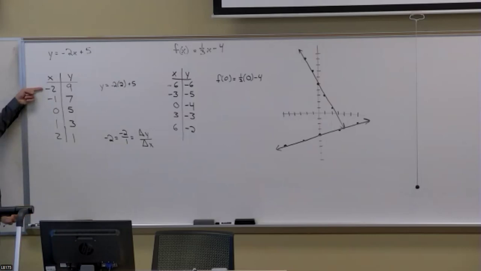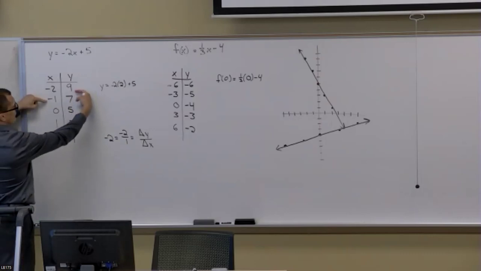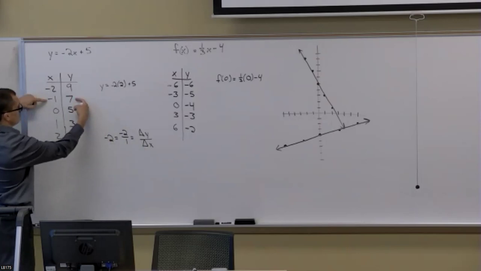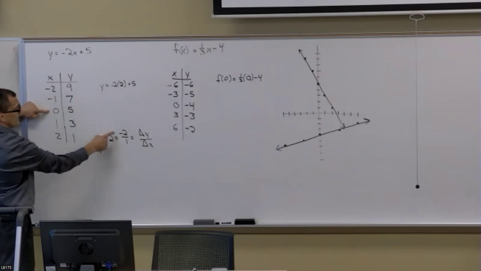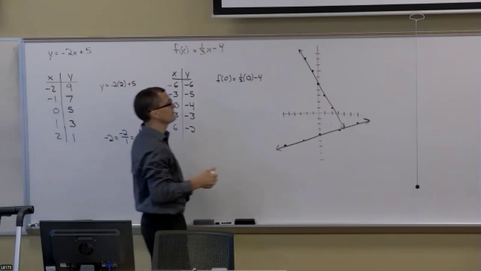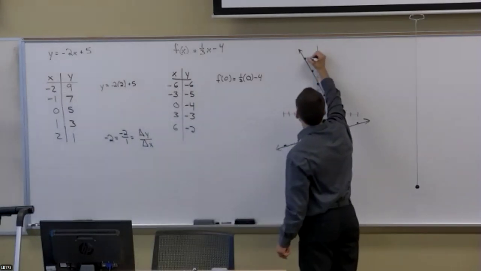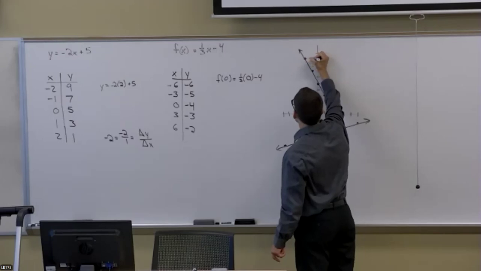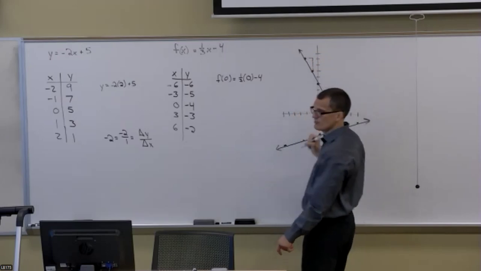And as you can see, both numerically and on the graph, as x goes up by 1, the corresponding y value went down by 2. On the graph, that means as x moved over 1, y went down 2 to get to the next point.